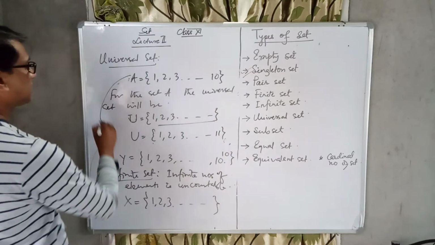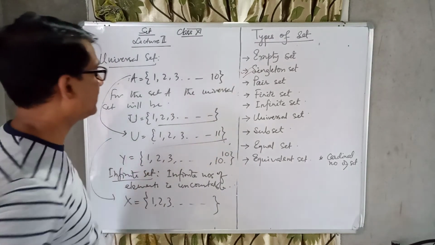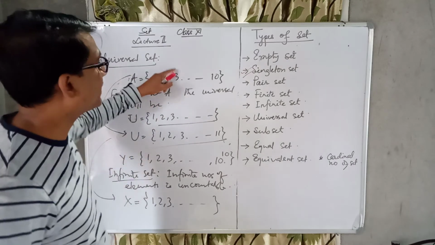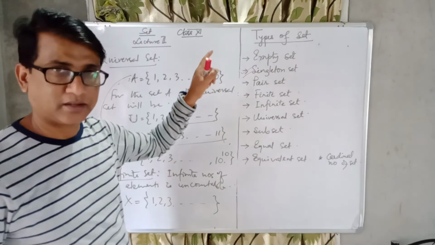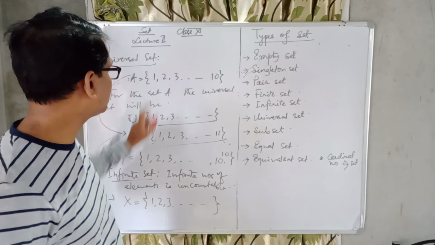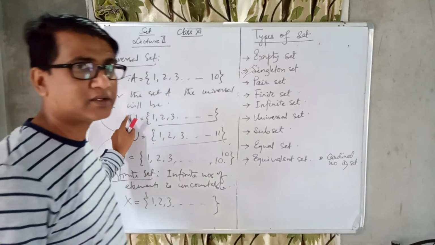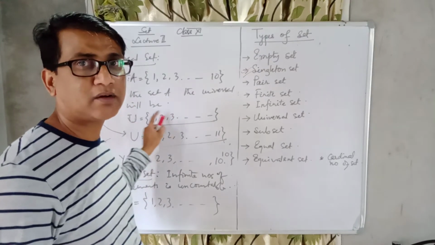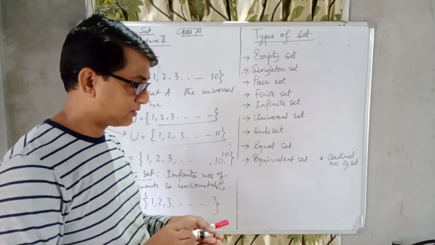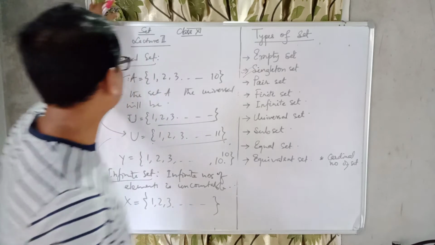All the elements of this set are included here, so this may be taken as a universal set for A. So what is the definition of the universal set? The set which contains all the elements considered for any set is called the universal set.